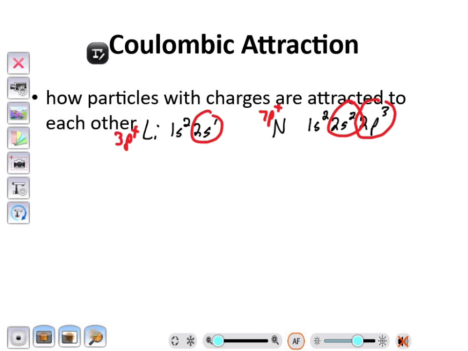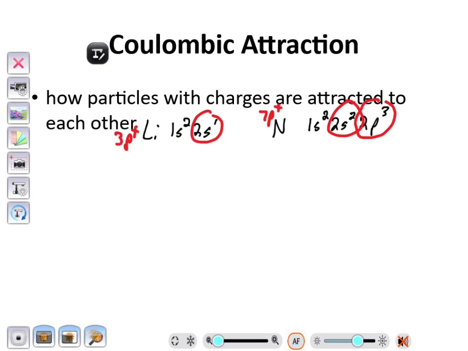Now, if both of these are second energy level, then if we drew a Bohr model, is either one further away from the other? Right, they're both second energy level, so they're basically the same distance. However, what happened to the number of protons that are pulling on them?